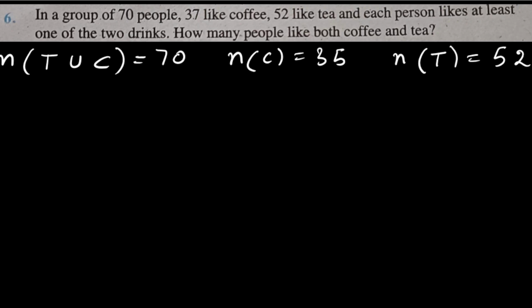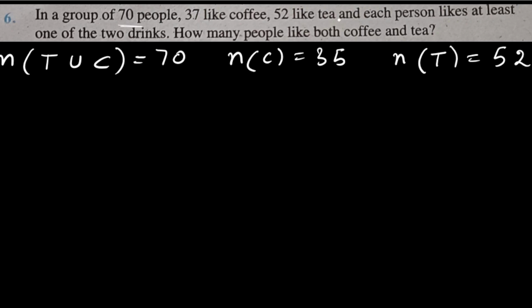And each person likes at least one of the two drinks. So each person likes something, that means their union is 70, because anyhow the total group is 70 people and each person likes one or the other drink out of these two.